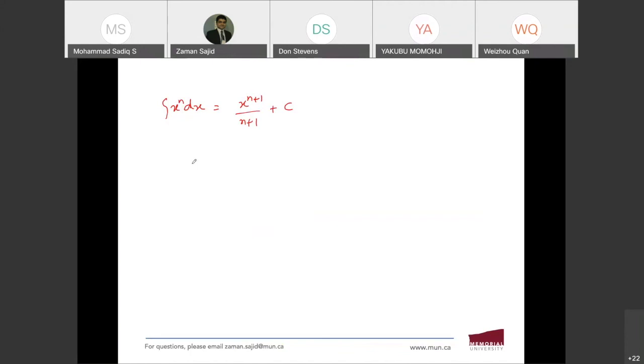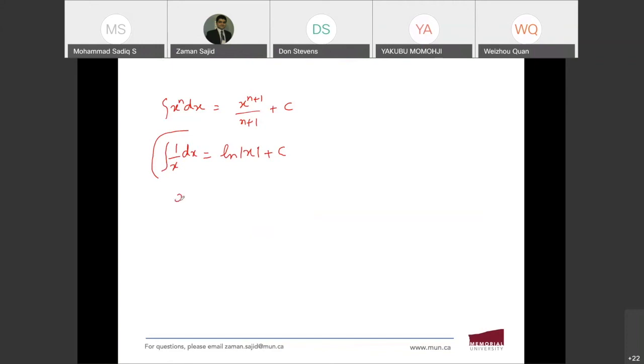Okay. Now, if you have some function like this, 1 over x dx, you will see that this x has a derivative 1 on the top, so taking the integral, it will become the natural log of x. Okay. Now, if I multiply it with any constant number, that will remain the same.